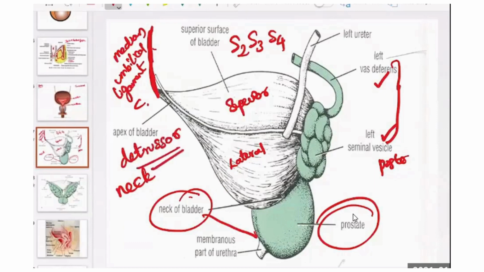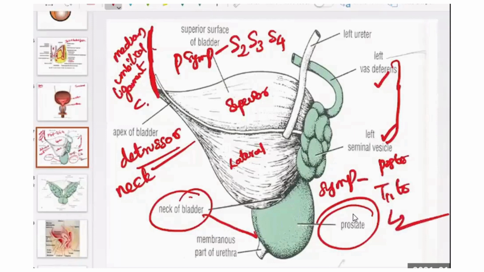Parasympathetic fibers are derived from S2, S3 and S4, and the sympathetic fibers arise from T11 to L2. So clear.